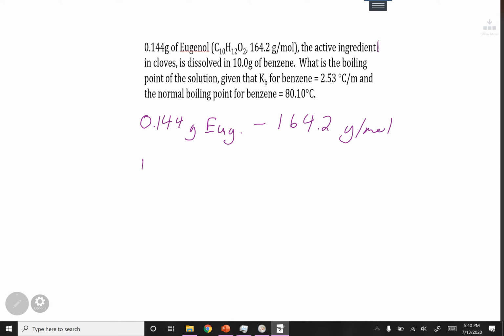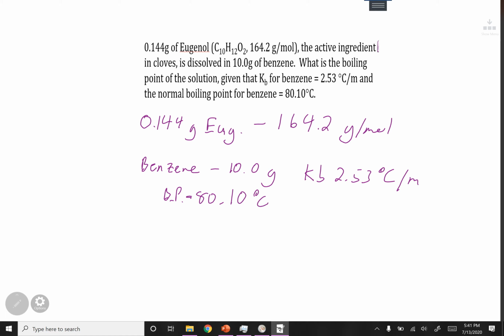Okay, and they tell us we have benzene, and we have 10 grams of benzene, and they tell us it has a Kb of 2.53 degrees C per molal, and a normal boiling point of 80.10 degrees C. Okay.